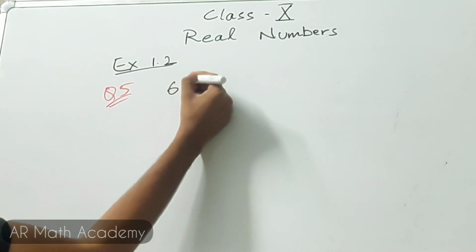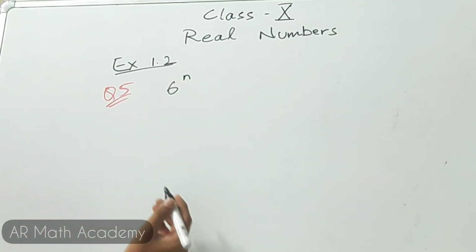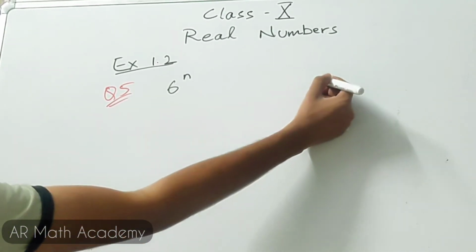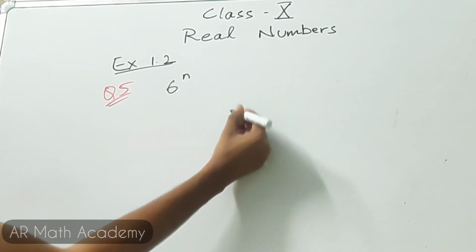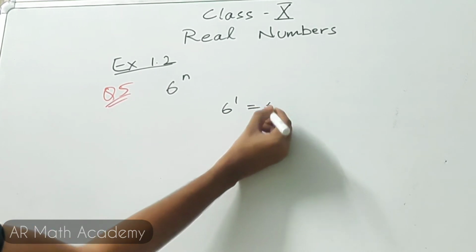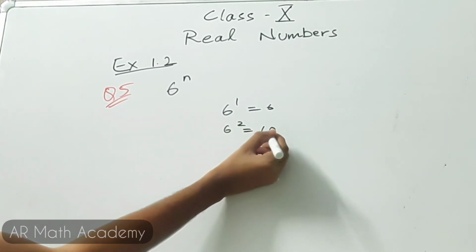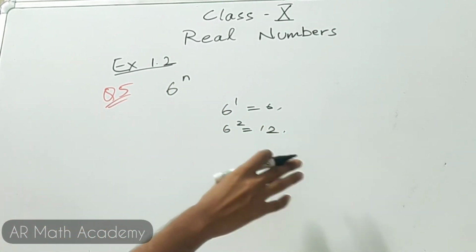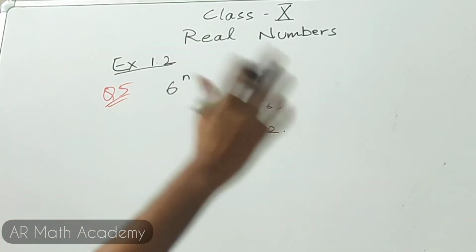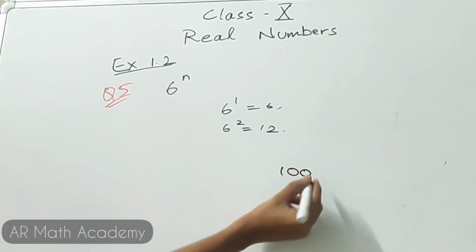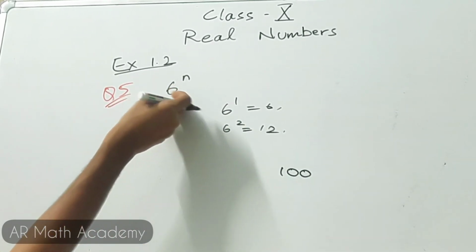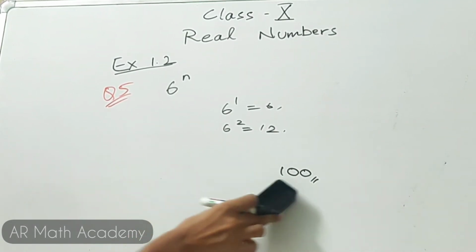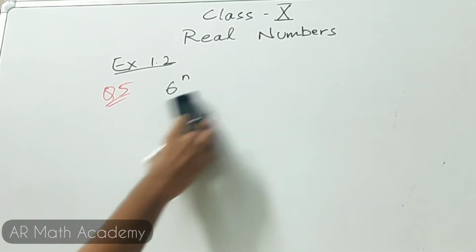We have been given 6 power n and we have to check if there is a number that ends with 0 in this expansion, where n can be any number. 6 power 1 is 6, 6 power 2 is 36. Correspondingly, we have to check if any number for the corresponding power ends with 0. Suppose 100: if 100 is some number of 6 power n, then we have to check if some number is coming with ending 0, right? So that is our problem.